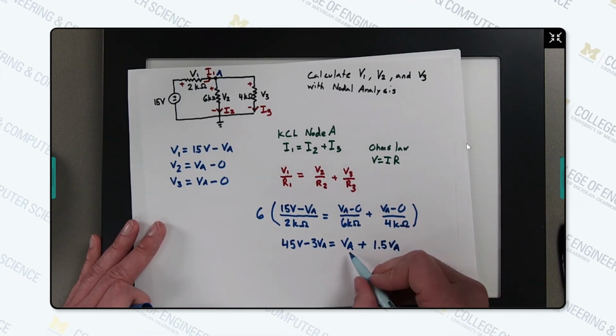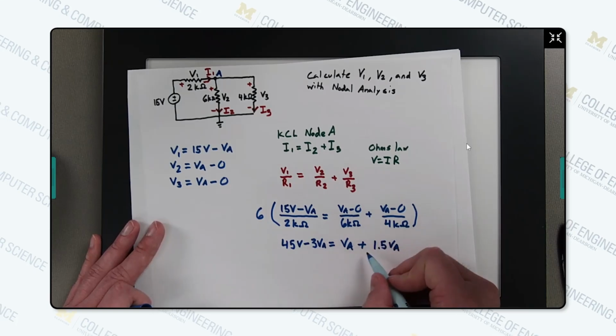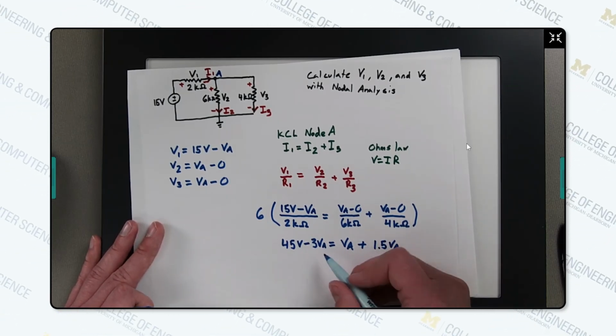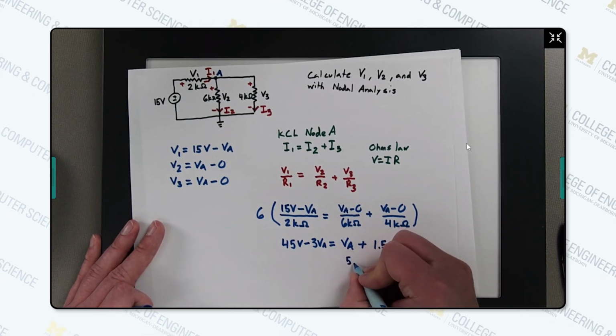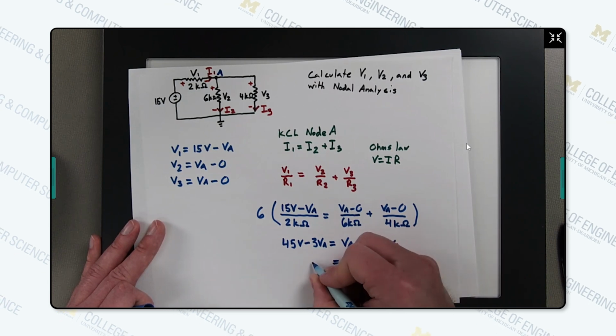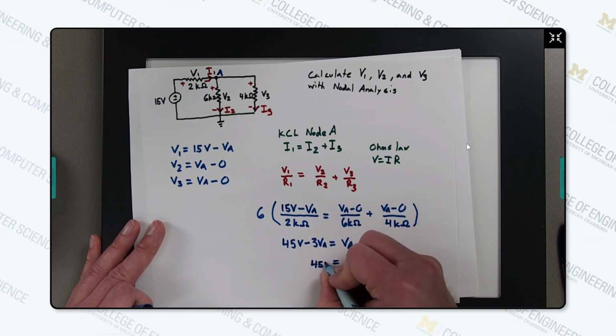If we add these together and move this to the other side, it's VA plus 1.5 VA, so that's 2.5 VA plus 3 VA. That would be 5.5 VA equals 45 volts.